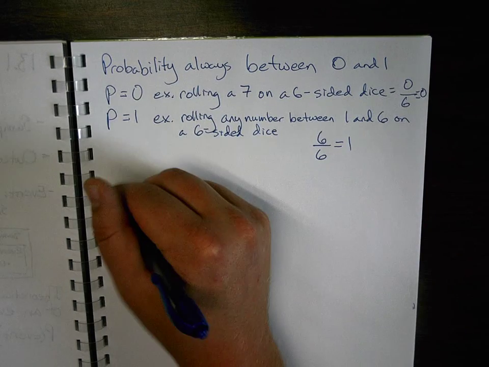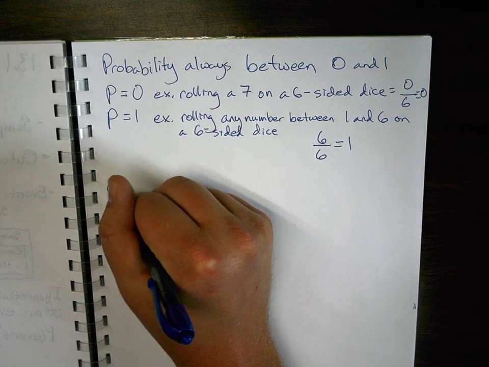So experimental probability is our other key concept here.